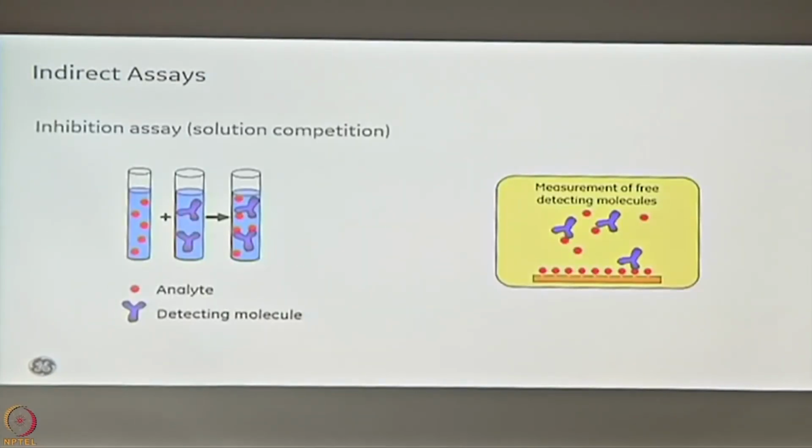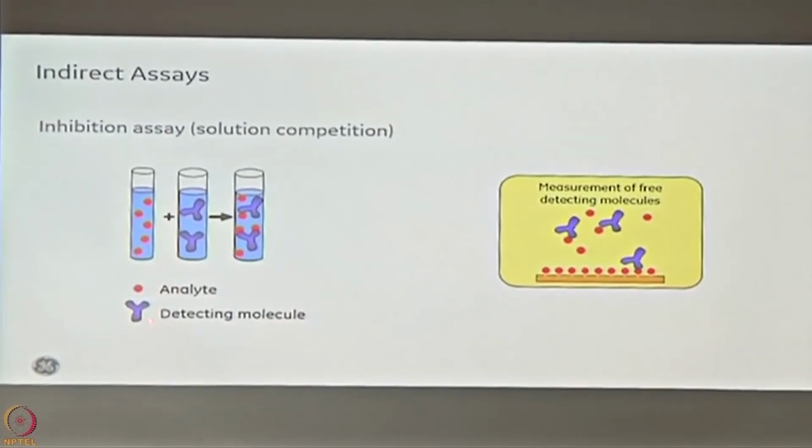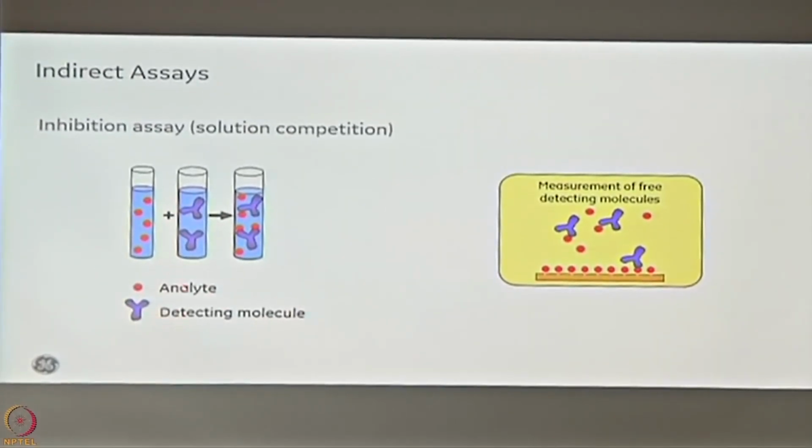There are certain indirect bindings that you can do where we utilize the competition. So, the binding does not really happen on the surface, you are having the binding happening in the solution, right. So, this is called the solution competition. What you do is you mix the analyte and the detecting molecule in a particular proportion.